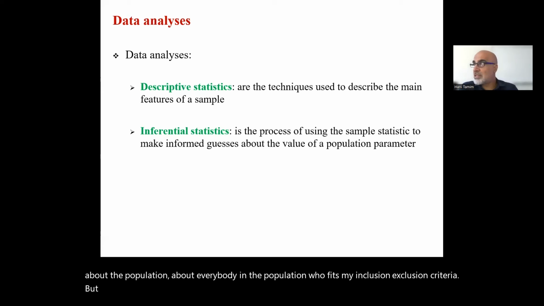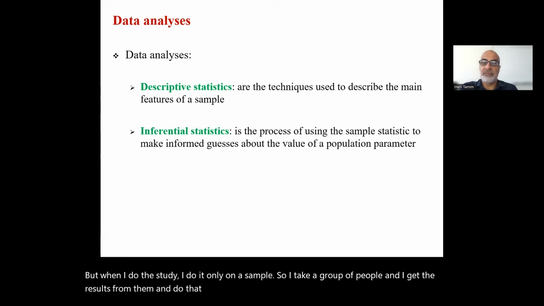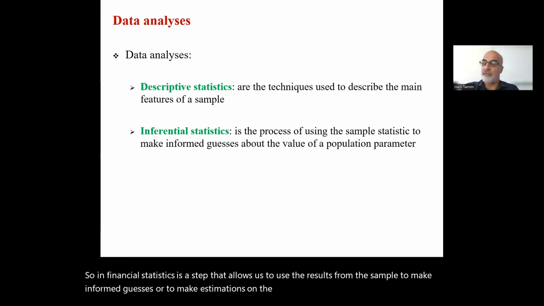But when I do the study, I do it only on a sample. So I take a group of people and I get the results from them and do the analysis, the descriptive. But these analyses are only on the sample. So inferential statistics is a step that allows us to use the results from the sample to make informed guesses or to make estimations on the population values that I'm interested in finding.